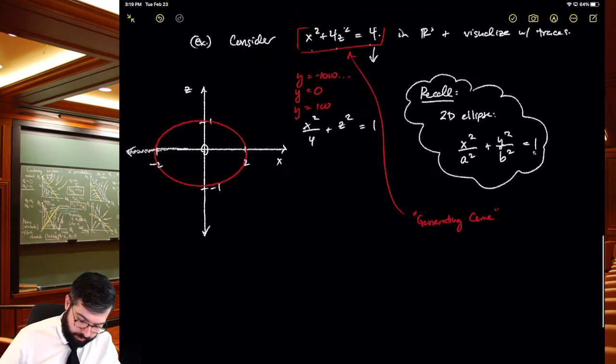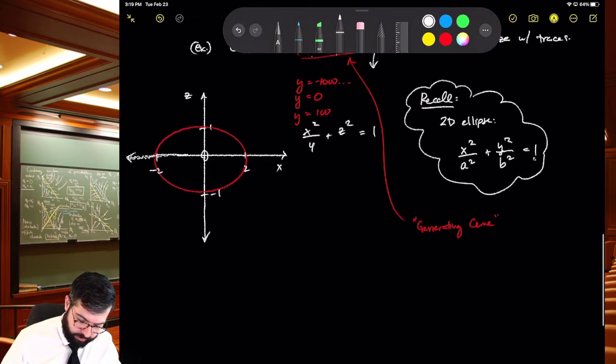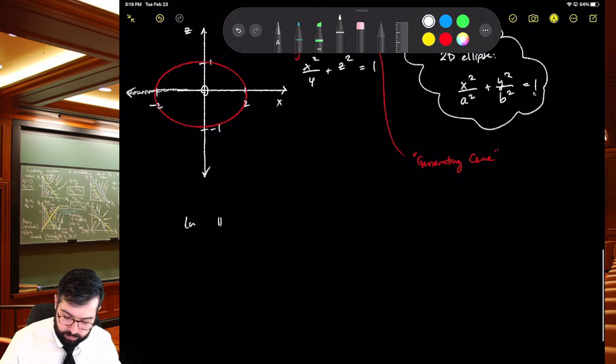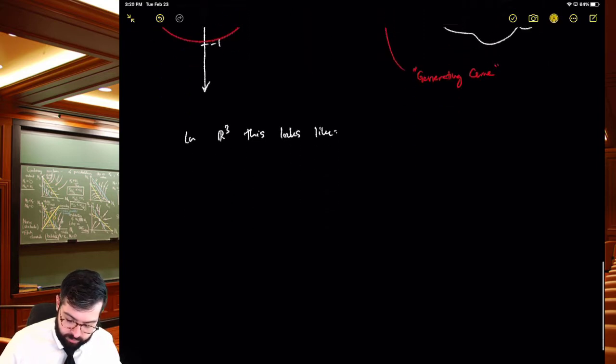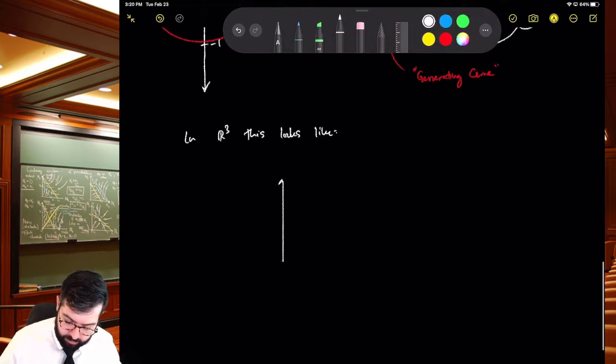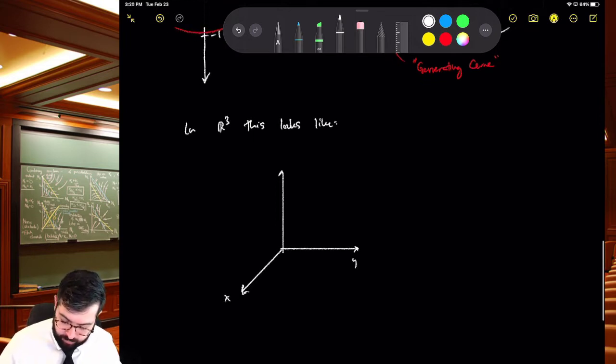So in 3D, let's just finish this off. In 3D, what does this thing look like? So xz plane is right here, so it came out to 2 in the x and 1 in the z. So something like this.